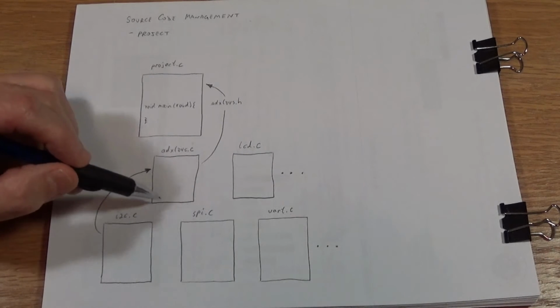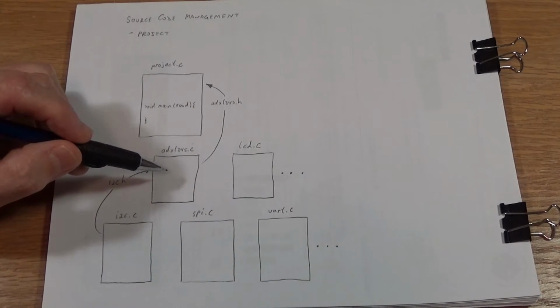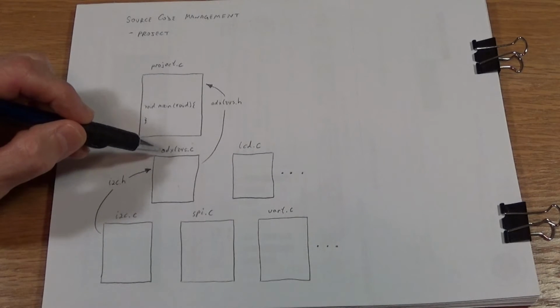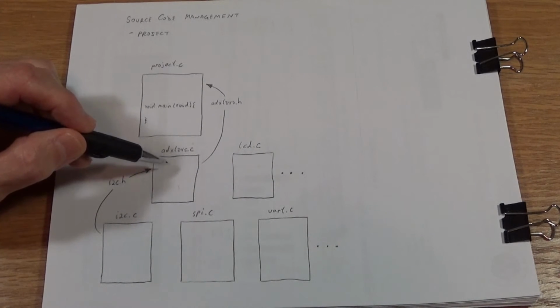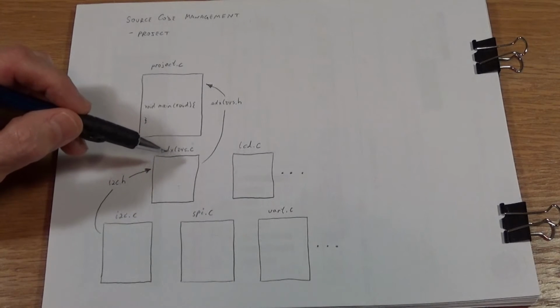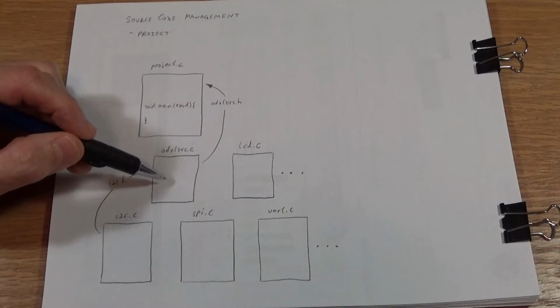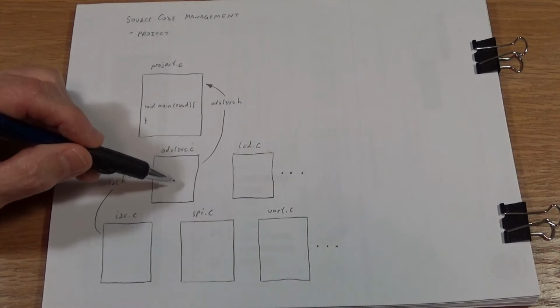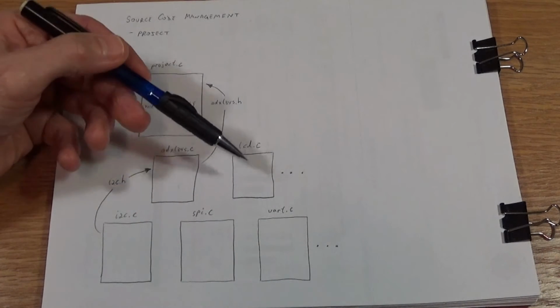You can also write routines in here, functions in here, that will allow you to start up and run the accelerometer. When it powers up, it comes up in a sleep mode, and you have to wake it up to get it to work. And so there could be an initialization function in here, as well as the function that gets the accelerometer data. And the same with the liquid crystal here.